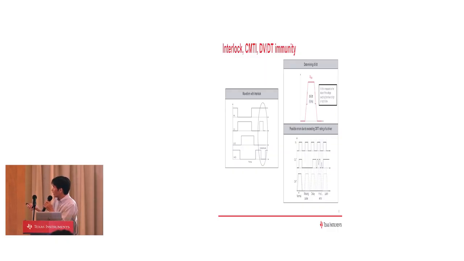So this is one of the important parameters for the switch, especially in high voltage applications, because at high voltage, when you want to switch the device faster, the voltage needs to change quickly to achieve high switching frequency. So this is also one of the important parameters.